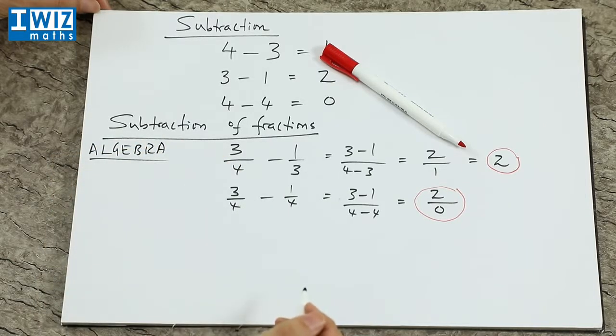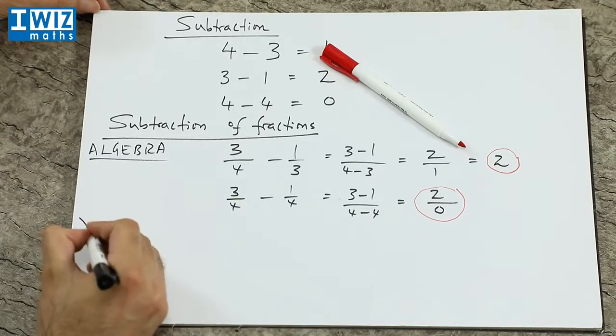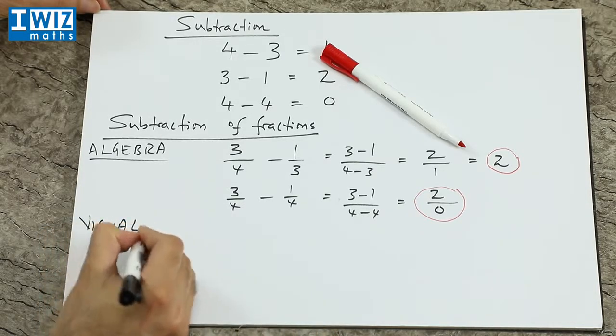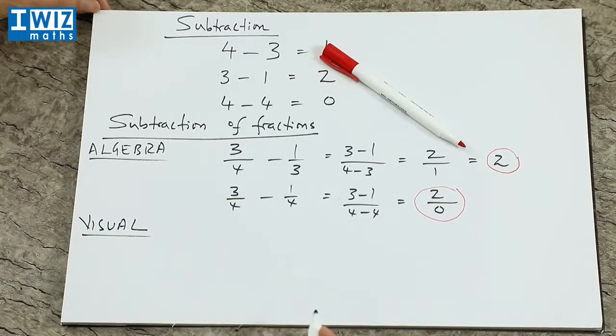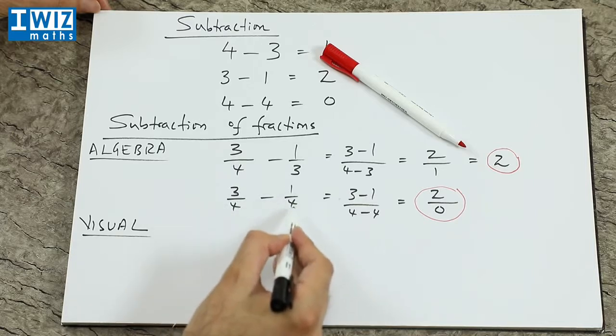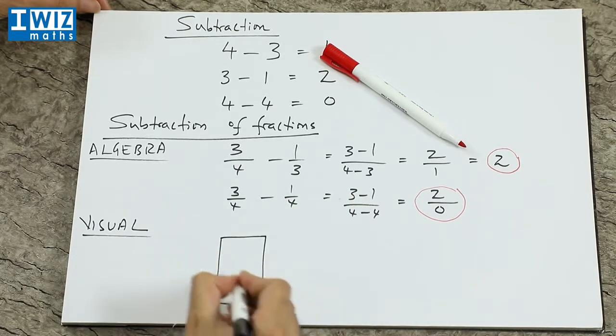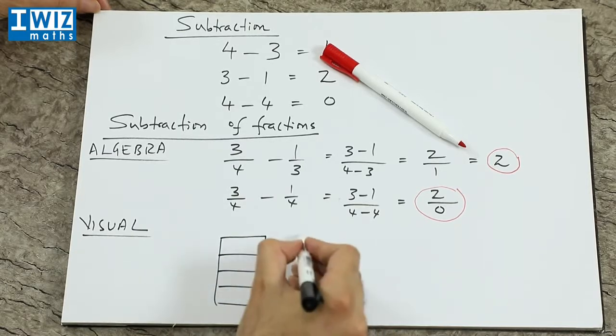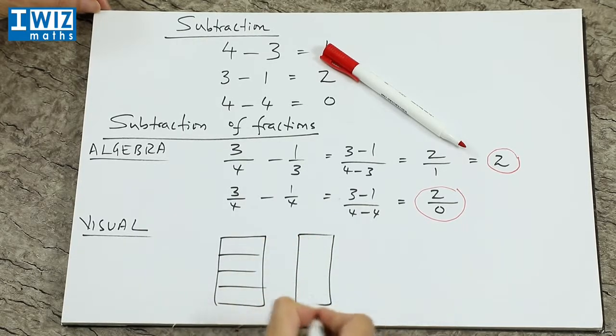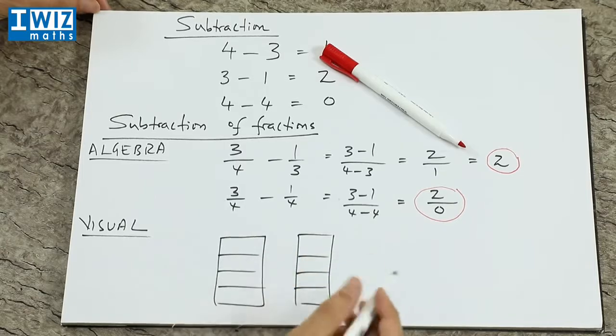And now let's look at a visual representation of the same question. Now, if we had to ask the visual version of what is 3 on 4 minus 1 on 4, what we could do is draw 2 boxes and split them into 4 equal parts. That's box number 1, that's box number 2.